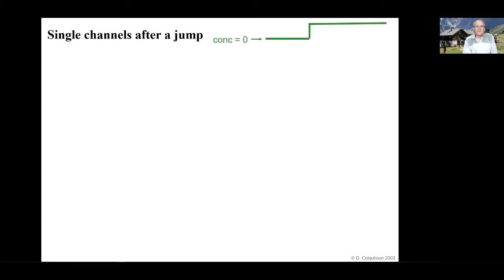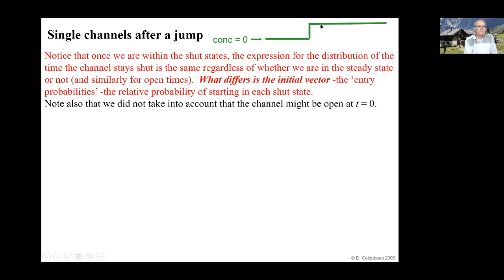So that we're considering this sort of jump at the moment, a jump from 0 up to a finite level. And we can notice that once we're within the shut states, the expression for the distribution is the same whether we're in the steady state or not.